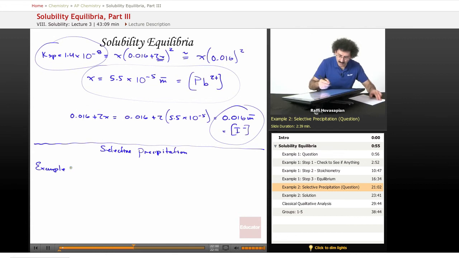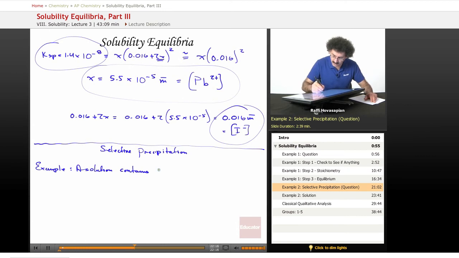So let's just do a problem. Example: a solution contains 1.1 times 10 to the negative 4 molar copper 1 ion and 2.1 times 10 to the negative 3 molar lead 2 ion.